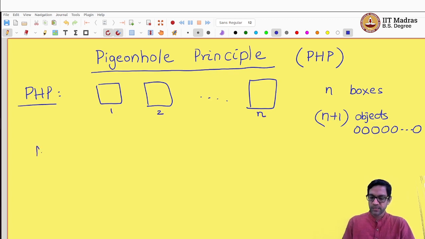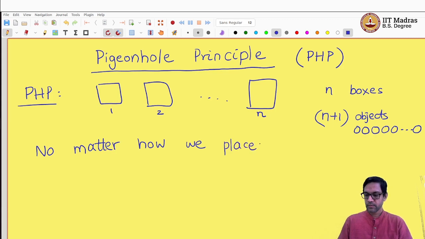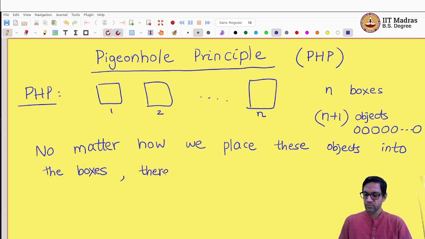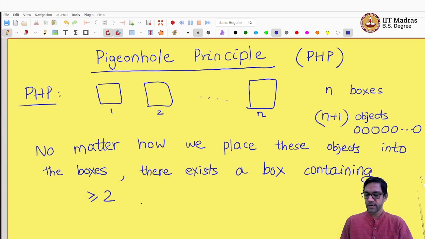The principle says no matter how you distribute these n plus 1 objects into the boxes, there exists a box containing at least 2 objects, greater than or equal to 2 objects.